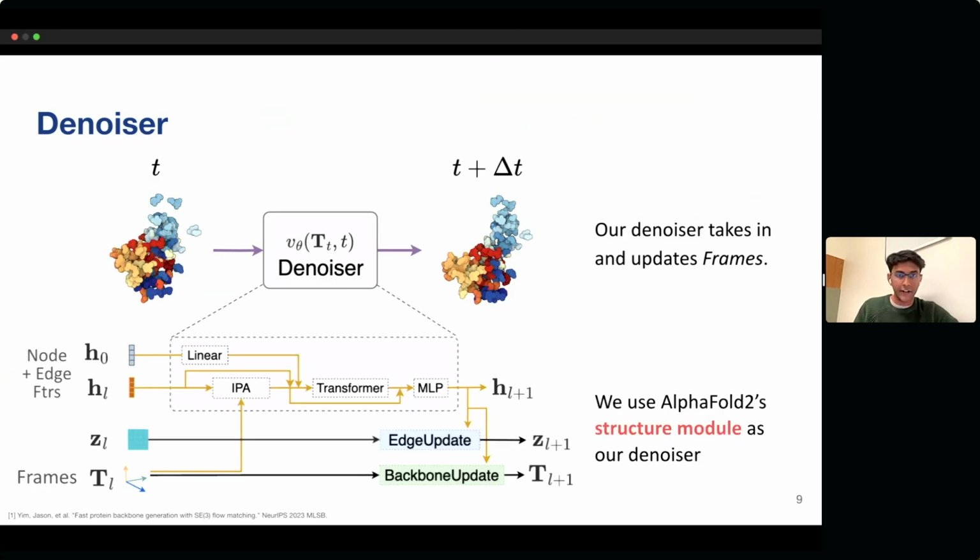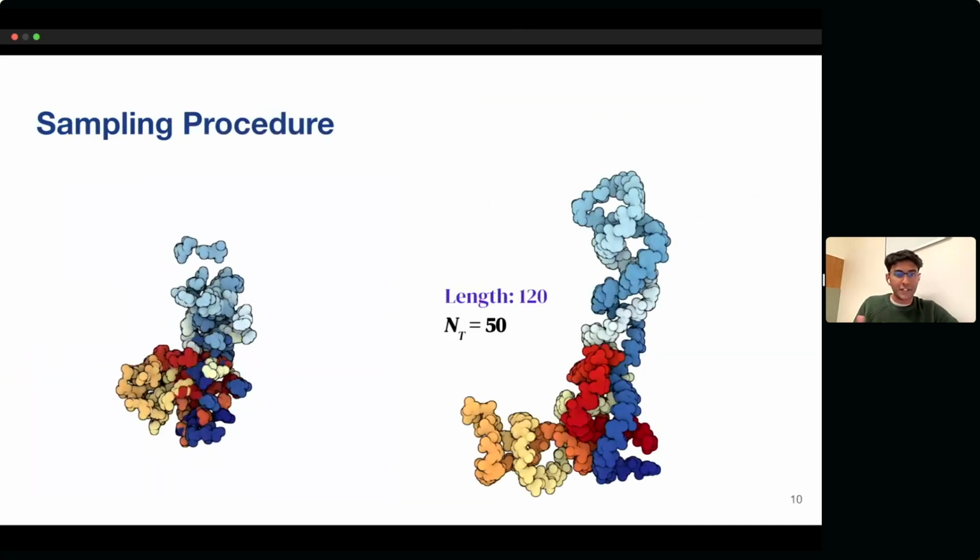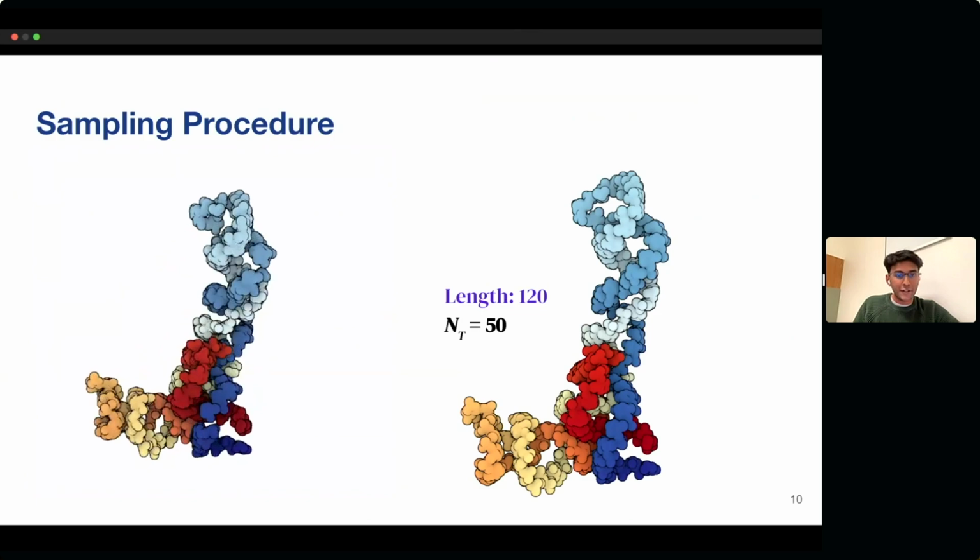It contains very nice components like invariant point attention that allows you to do geometric attention in a very nice way. It allows the network to be expressive enough to really learn the distribution of 3D RNA backbone structures. So this is just a quick animation of what exactly is happening.